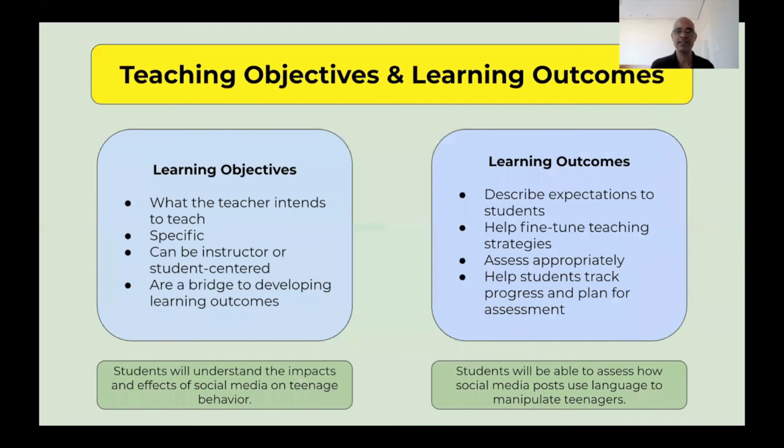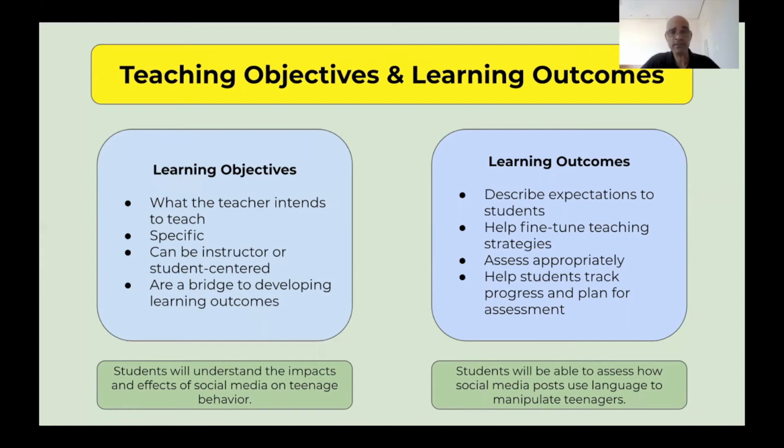So let's see, again, the differences between teaching objectives and learning outcomes. Sometimes teaching objectives are also called learning objectives. I'm putting those names here because you'll see them expressed differently in the literature. When I, as a teacher, write an objective, I'm talking about what I intend to teach.